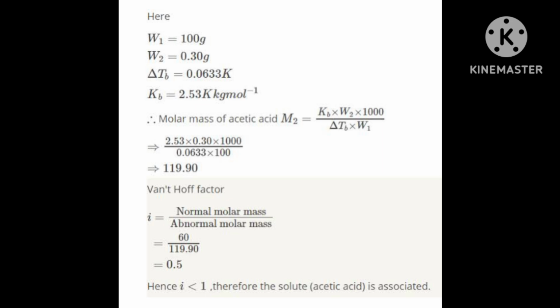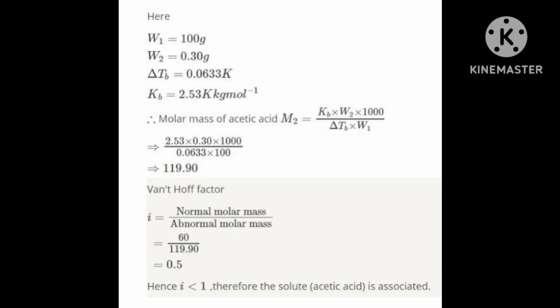The value of m you can put later on; W2 by M2 you keep for later. First consider m. W1 gram of solvent contains m moles. Then 1 gram contains m divided by W1, and in 1000 gram, multiply by 1000, so m into 1000 divided by W1.